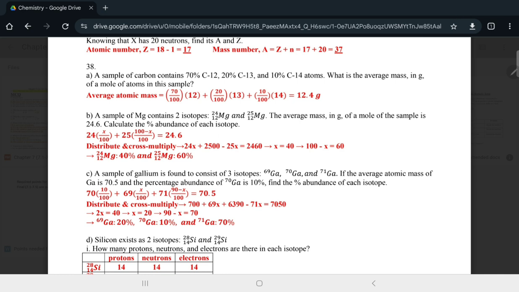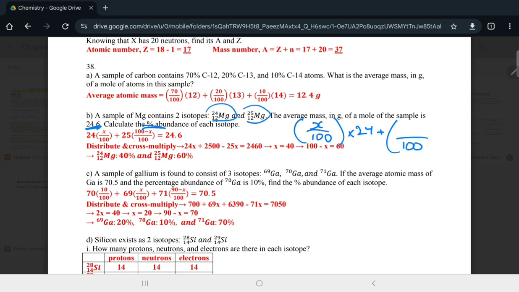Here they gave us two isotopes. They gave us the average mass, and they want us to find the percentage abundance. How do we do this? We have the percentage here, but we need to find it. Let's say it's x, and we multiply it by the mass number, which is 24. And here we have the other one over 100.